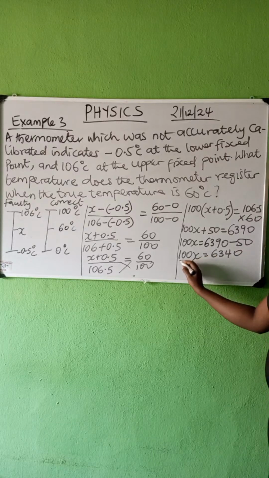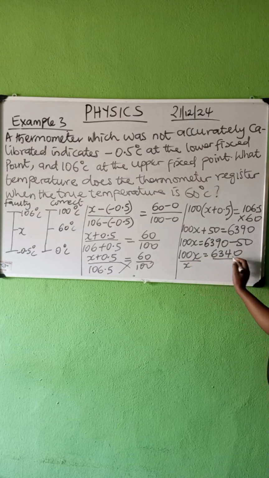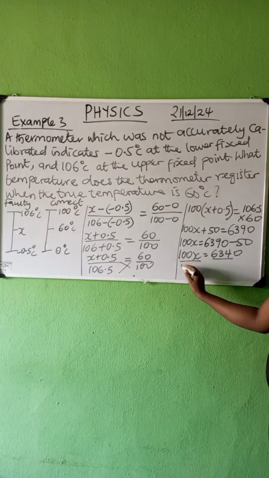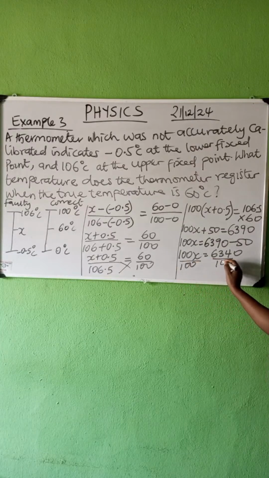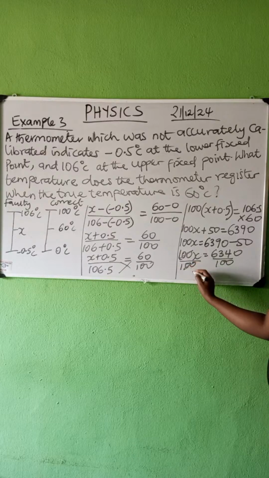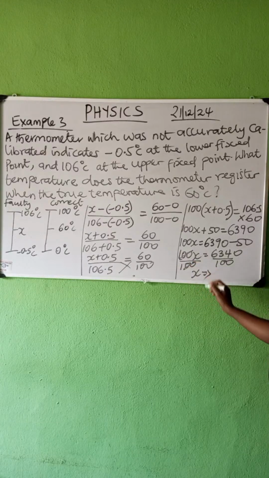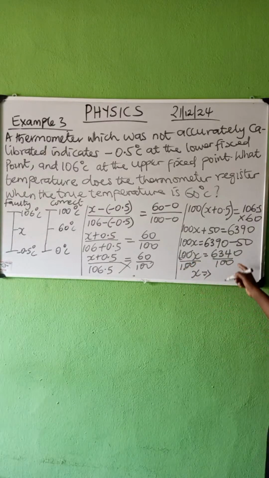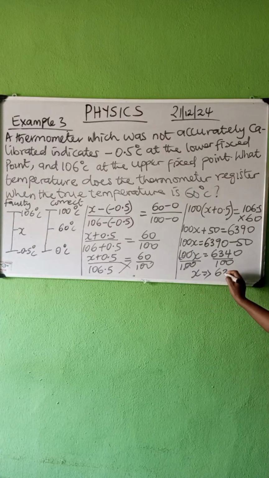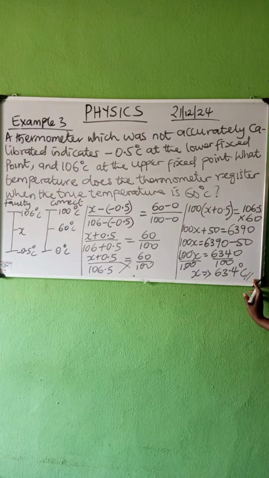Now if I divide by the coefficient of x, which is 100, the 100 cancels itself and we are left with what? x. So 6340 divided by 100 is going to give me 63.4 degrees Celsius. Is that clear?